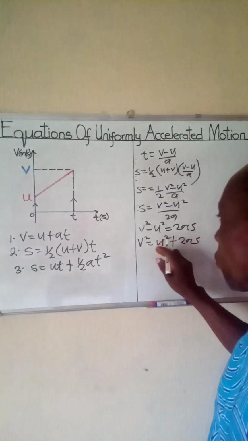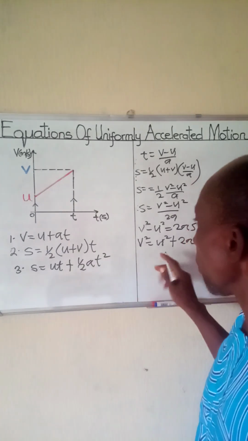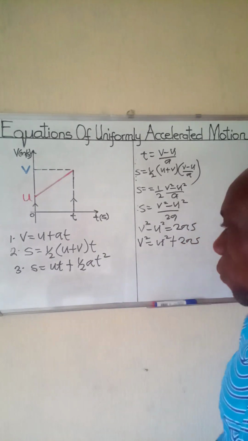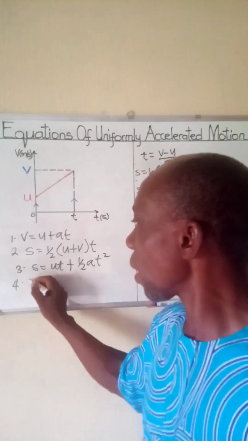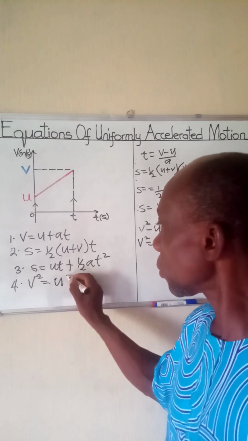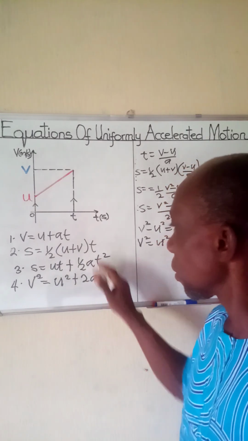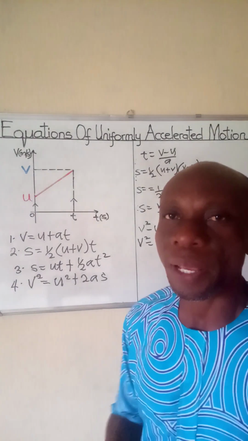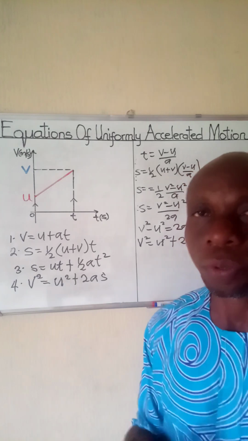And even if you put the U squared behind 2AS or in front, it does not matter, it will still give you the same. So this becomes the next equation of uniformly accelerated motion, which is going to be the fourth one. So we have that V squared is equal to U squared plus 2AS. Those are the four equations of uniformly accelerated motion.